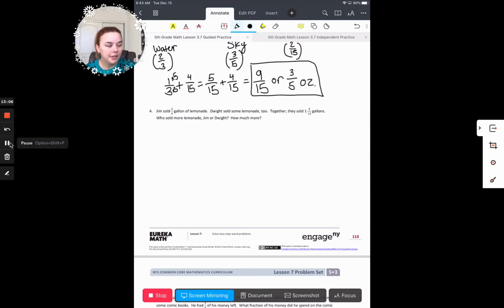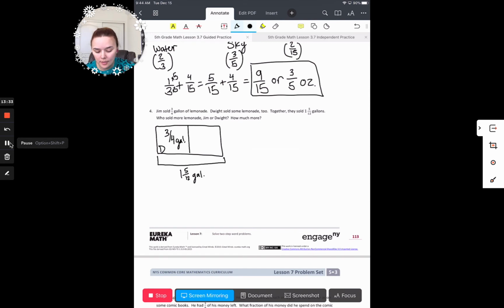So let's take a look. It's kind of like our tape diagrams. So this is going to represent the total amount of lemonade that they sold. So altogether, this is 1 5/12 gallons of lemonade. So we know that Jim sold 3/4 gallons.